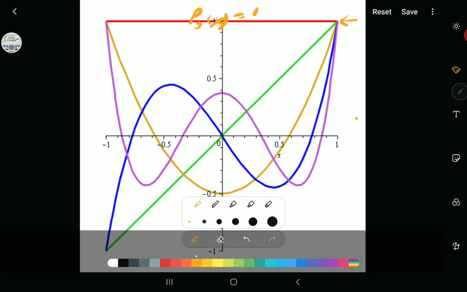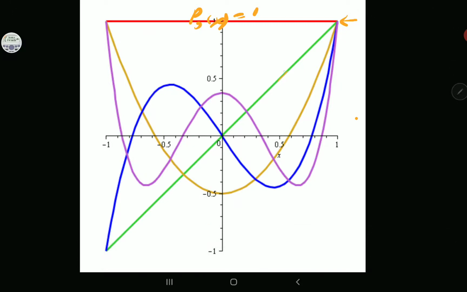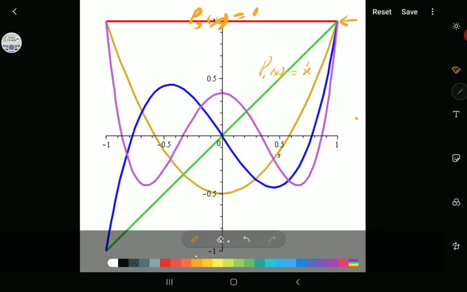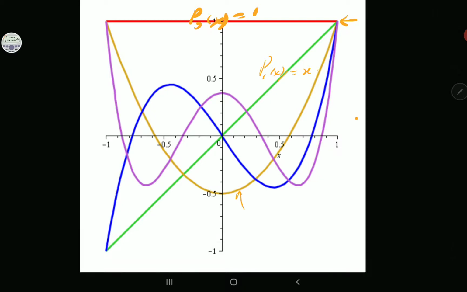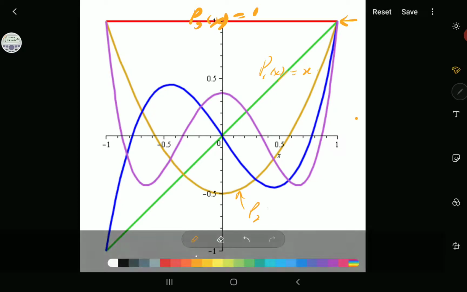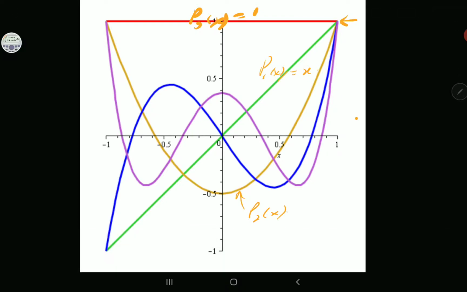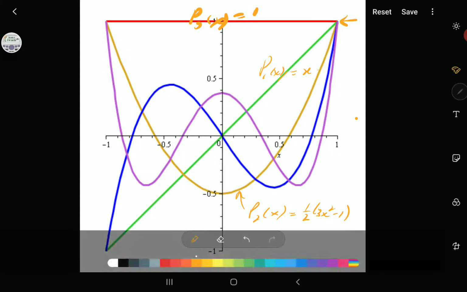Then the Legendre polynomial of degree 1 is the green one here. So remember, P1 is equal to x. So you can see it's just a straight line through the origin with gradient 1. Then the orange one here is going to be the second order, which we worked out to be 1/2 times 3x squared minus 1.